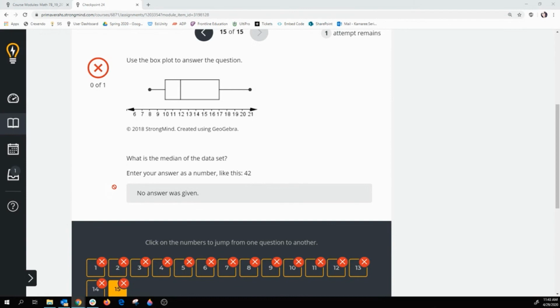It would be 12, yes. Because this line inside my box is above 12, which means that my median is 12.